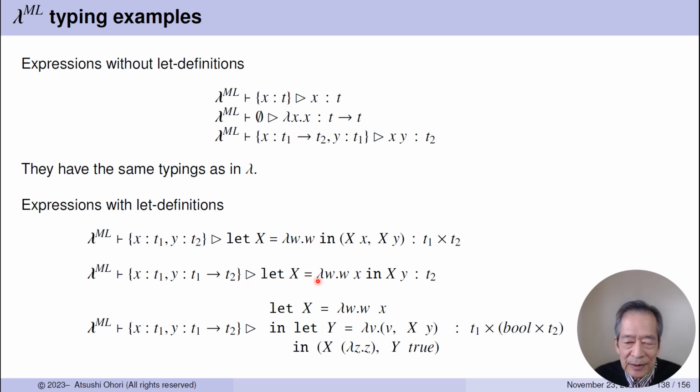And then this has type t2. So this is a nested let expression we gave as an example in the previous slide. Also, x and y are free, so x and y are in the environment, and this is the result type.